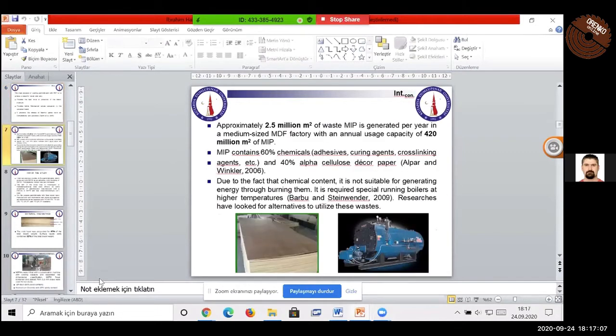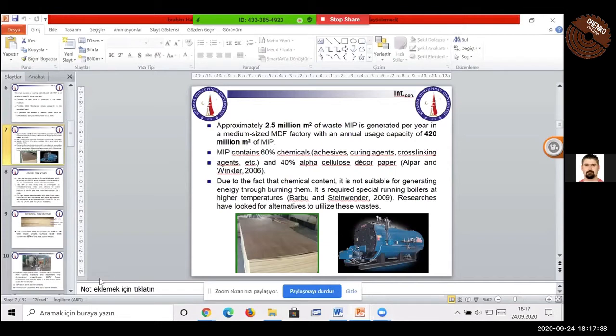This is about how much waste occurs in a medium-sized MDF factory in one year. For a medium-sized MDF factory with an annual usage capacity of 420 million square meters of MIP, approximately 2.5 million square meters of waste MIP is generated per year.